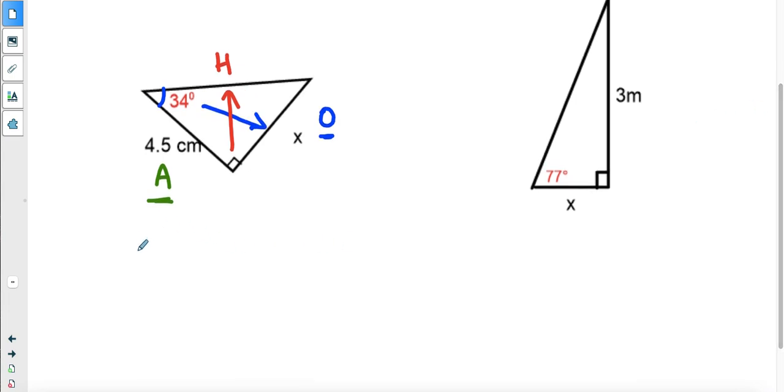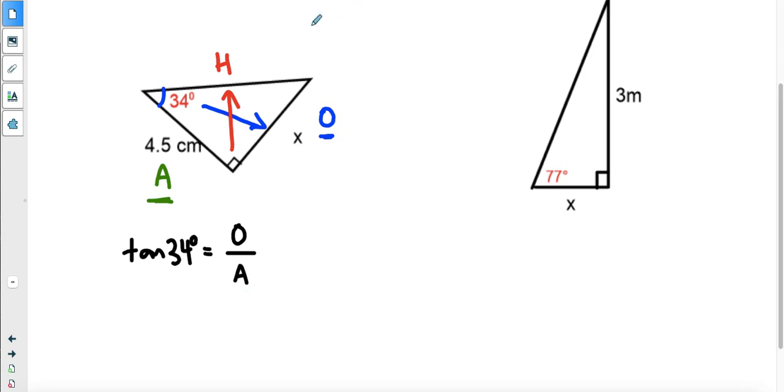So let's use tan to find the missing side here. Remember, tan is equal to opposite divided by the adjacent side. So tan of my angle is opposite over adjacent. And all I'm going to do now is plug everything in and solve for my missing side.